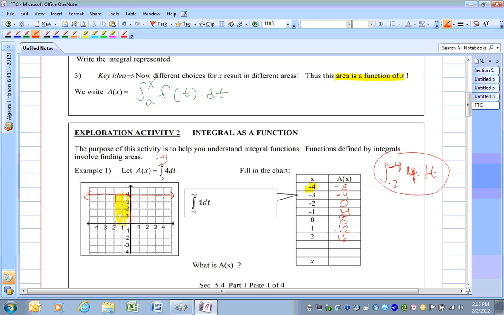Every increase in x by 1 causes an increase of the area by how much? By 4, right? The other thing we notice is that when x is 0, the area is 8, right? So we can actually try to come up with a formula here in terms of x. Does anyone want to take a stab at what that formula would be?